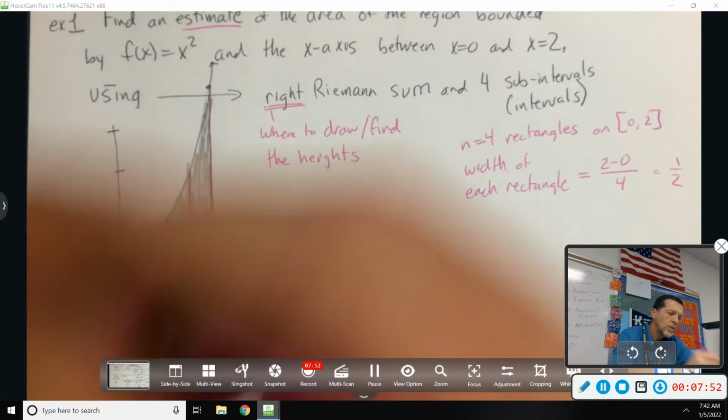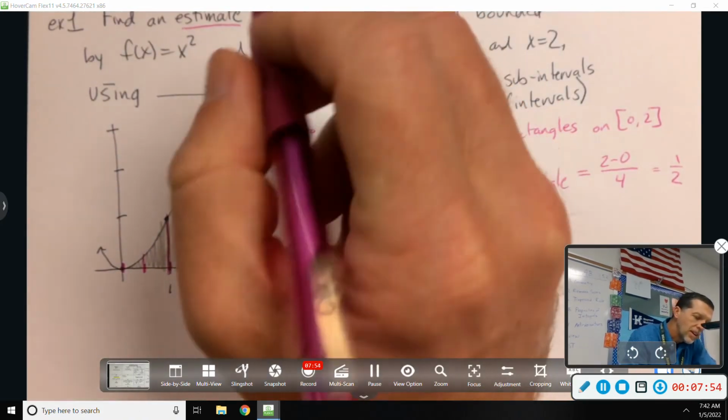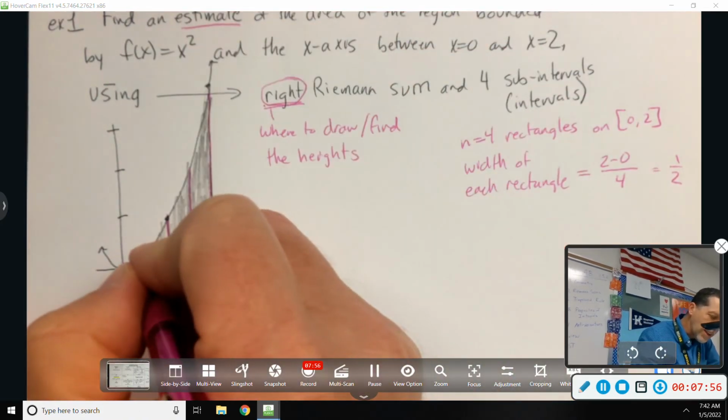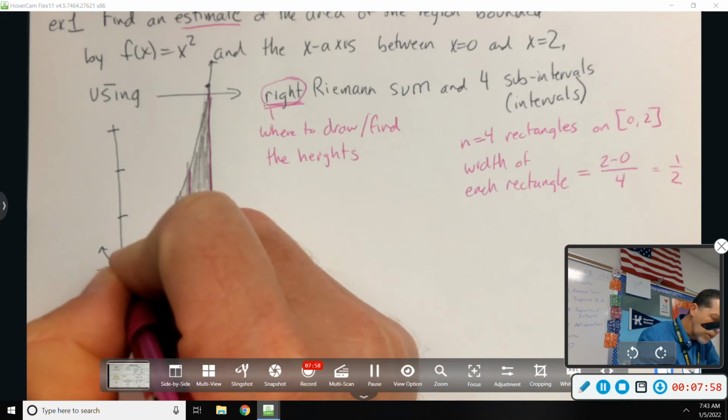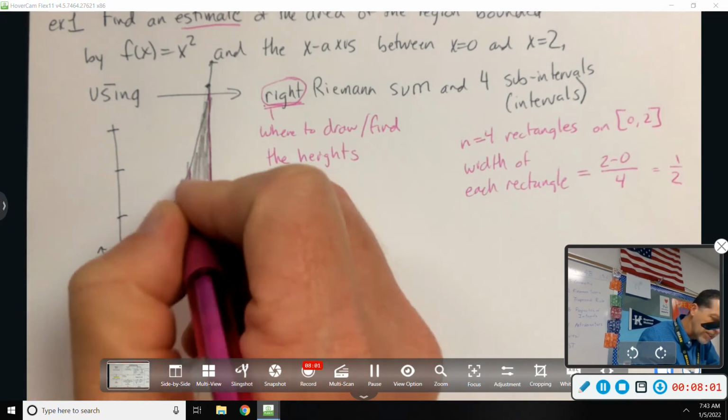This one wants us to draw from the right. That means the right end of the rectangle is what we'll use for the height of the rectangles.